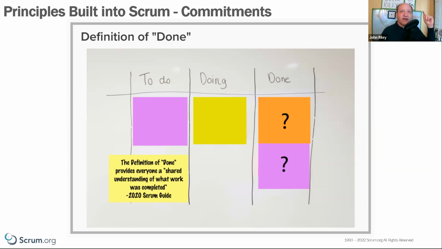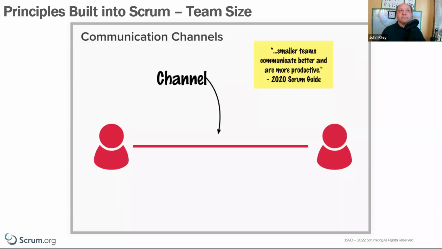Very important. I had the picture of the tire swing with everyone understanding what tire swing actually means. All right. What does that mean when we get to done? Okay. A transparent definition of done so that it can be inspected and we can adapt our increments to this definition of done to create that shared understanding. Very important in establishing a common language.